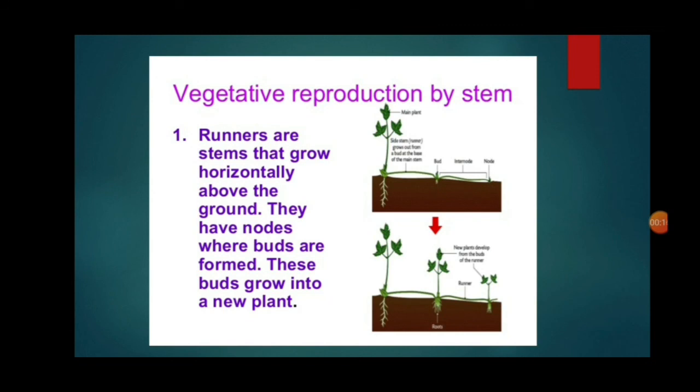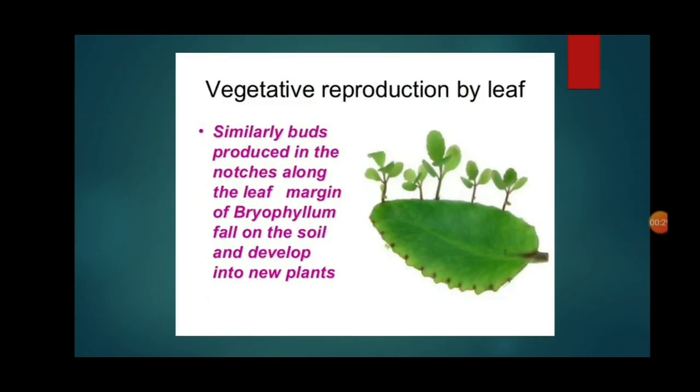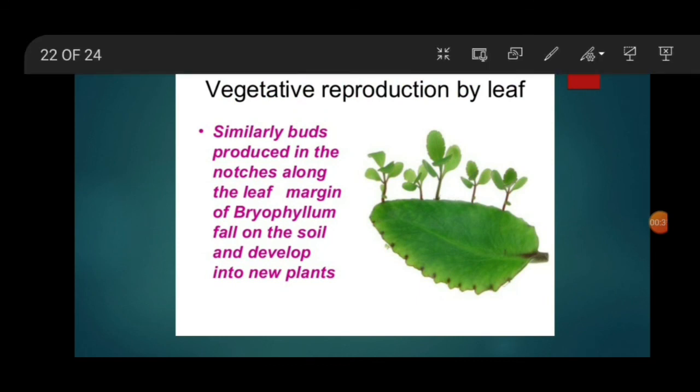Vegetative reproduction by stem. Runners are stems that grow horizontally above the ground. They have nodes where buds are formed and then these buds grow into new plants. Next is vegetative reproduction by leaf. Vegetative reproduction by leaf can occur in plants like Bryophyllum and Begonia.